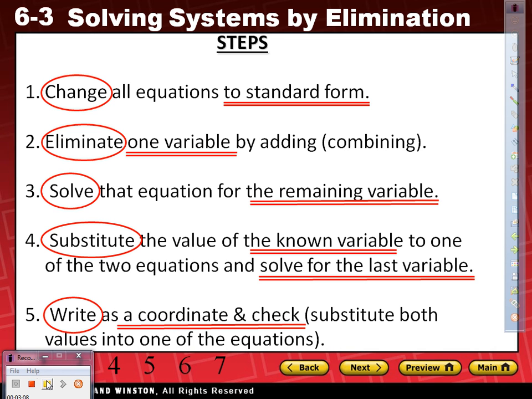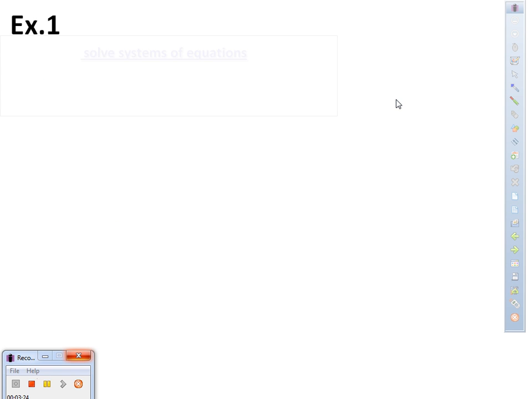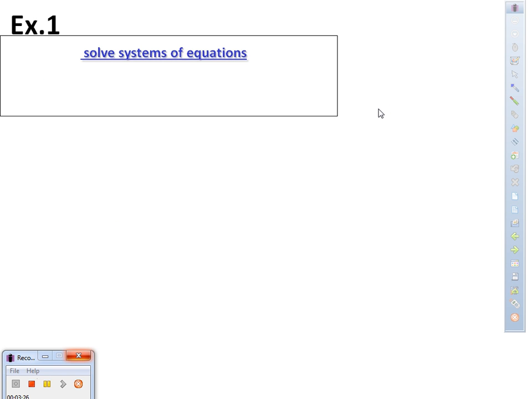So we got our steps. Like I said, it's pretty lengthy, but it's very simple, and it's going to be a little bit faster than the other methods. Watch. Copy this example down. Example 1, solve the system of equations, and here's the system.